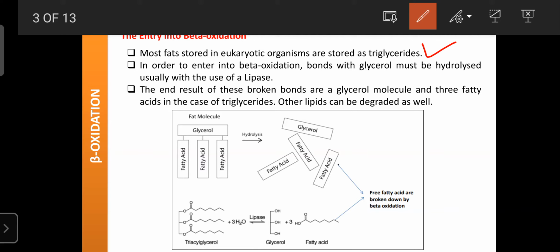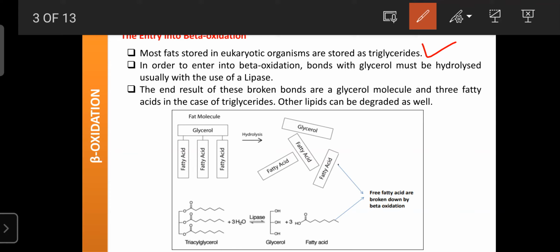Before the start of beta oxidation, there is a need for hydrolysis of the triglyceride, to release the glycerol from the fatty acids. There is a need for the availability of the free form of the fatty acid.